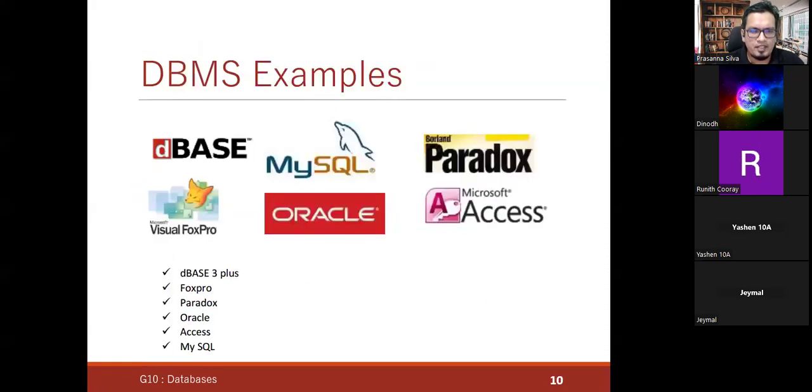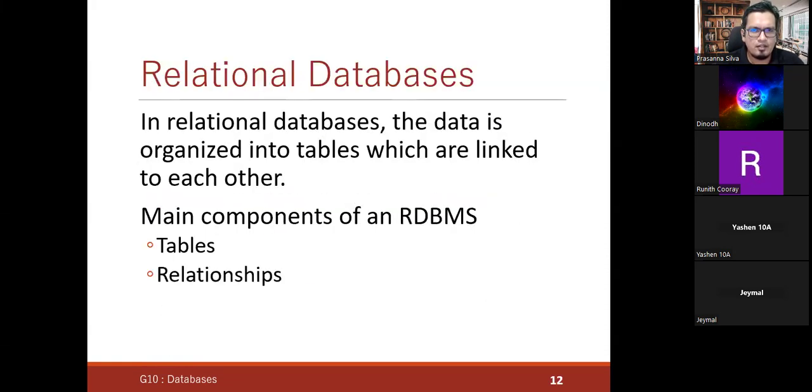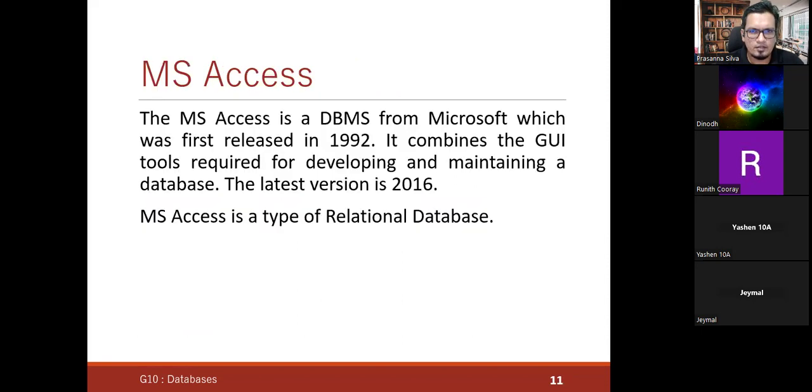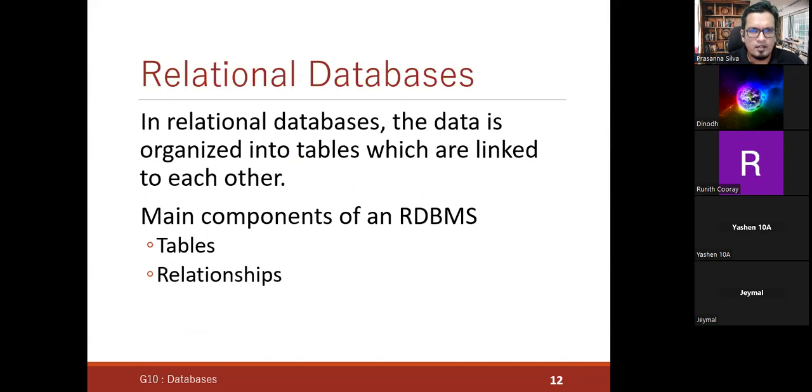We learned about a few examples, and we are actually moving ahead with MS Access. And one other important thing, we're basically moving along with something called relational databases. In reality, there are a few iterations of database software.